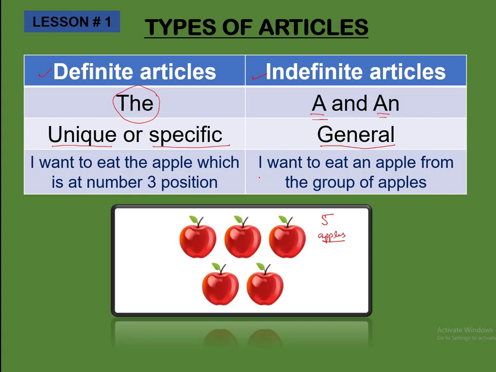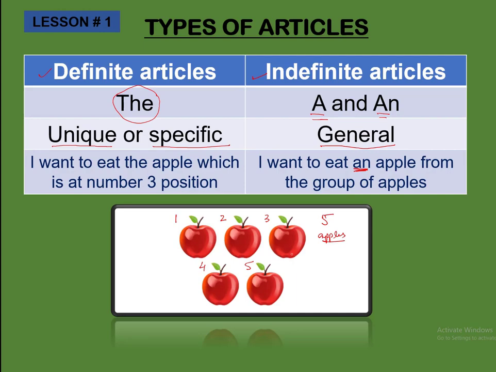So for example, I want to eat an apple from the group of apples. We have 5 apples and I want to eat an apple. Now in this case, an apple is used, not the apple. An apple means I can eat apple number 1, apple number 2, maybe apple number 3, apple number 4, or apple number 5.